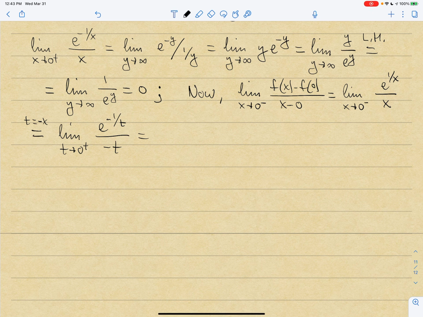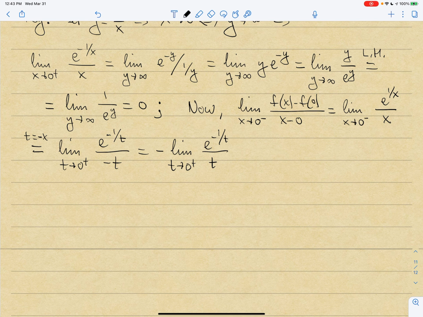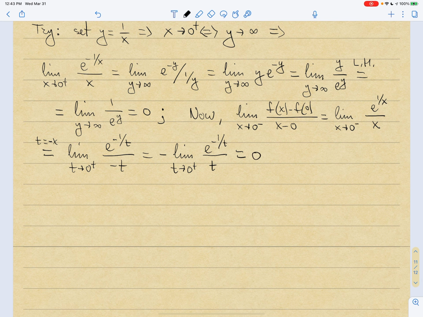I can pull the minus sign in the denominator out of a limit, so that's minus a limit t goes to 0 plus of e to the minus 1 over t. But that limit is exactly the same as the limit that we just computed, except that it's written using a variable t. So this should be 0 as well.